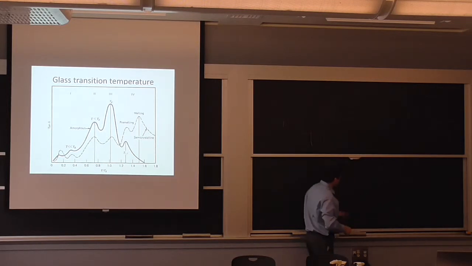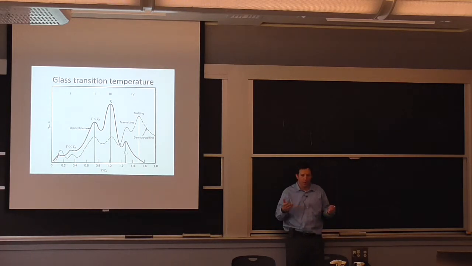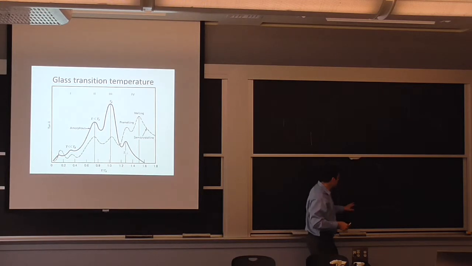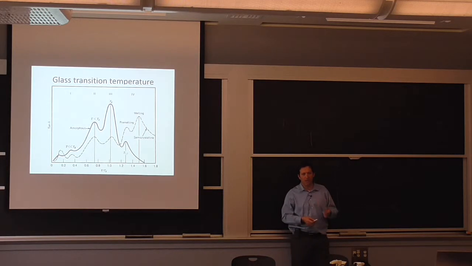What happens is all of a sudden you have more free volume in the polymer. There's more void created, and of course that happens as you get closer to high temperature. And this is what allows you more easily to have all these viscoelastic deformation processes.